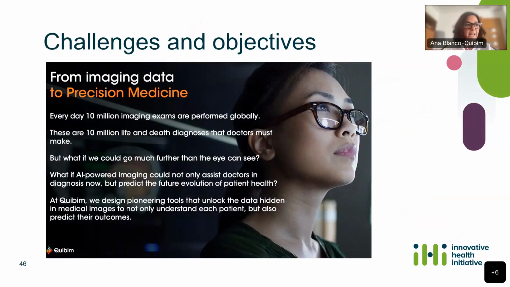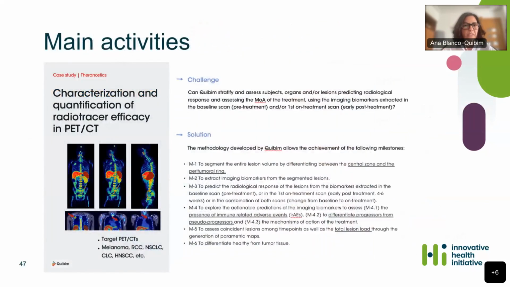Next slide, please. Our main activities related to theranostics concern the efficacy of the radiotracer, for example in radiopharmaceuticals, and also nanotechnologies. For example, we are developing AI tools that can characterize and quantify the binding of radiotracers to the target in the PET-CT of different oncology diseases, for example melanoma, colon cancer, head and neck cancer, and non-small cell lung cancer.